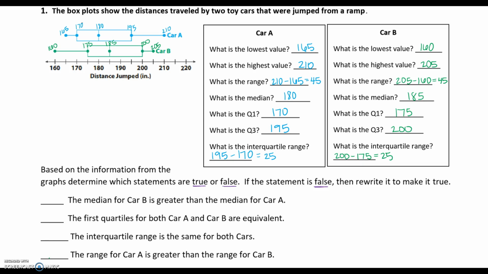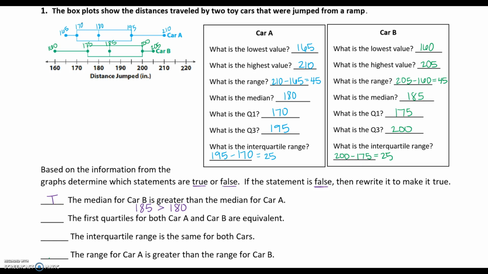Number 1 says, the median for car B is greater than the median for car A. So remember, we have to write our proof. So median for car B, up here in the center, it says is 185, is greater than the median for car A. Well, the middle of the box of car A is 180. So that would be true.